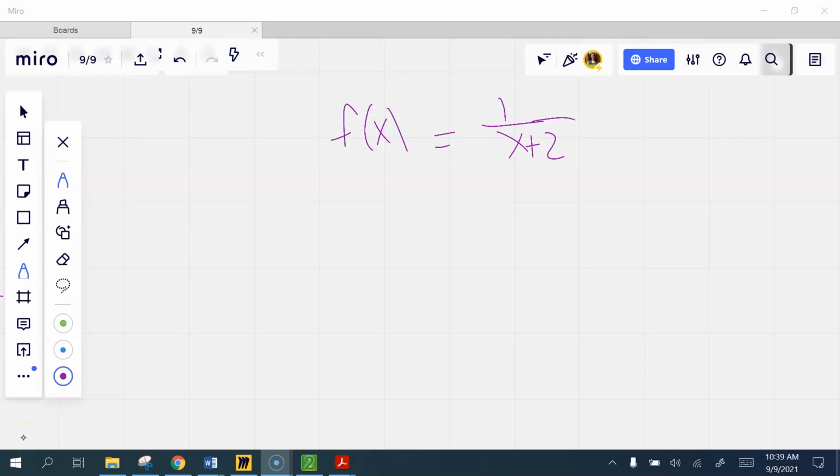It said a horizontal shrink by a factor of 1/3. So a horizontal shrink, remember everything x is opposite, right? So my question is, should it be 3x or should it be 1/3 x? So I want it to be a shrink of 1/3.